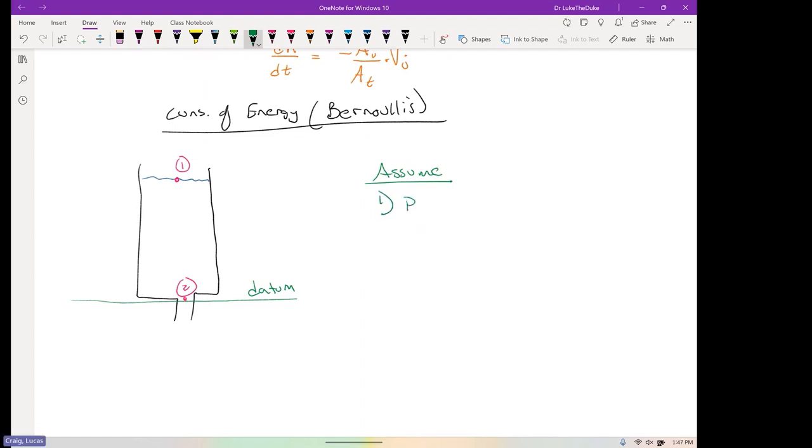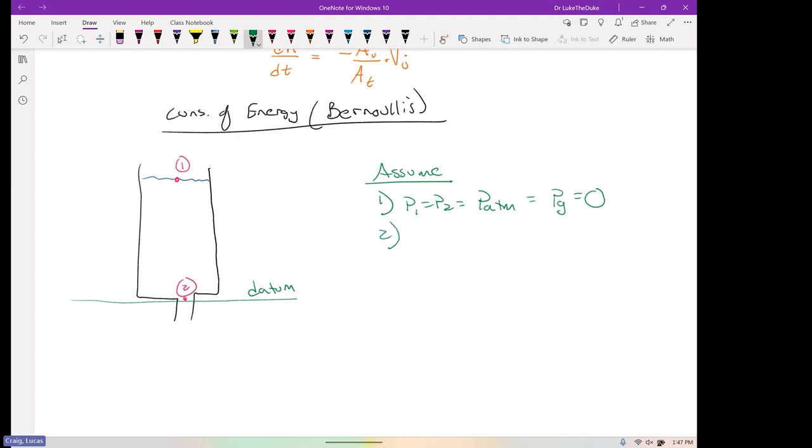P1 equals P2, and that's atmospheric, right? The point 2 shoots out at atmospheric pressure too. What does that mean in terms of gauge pressure? Zero. Because it's your pressure minus atmospheric. So if it's atmospheric pressure, the gauge pressure is 0. That makes it easy too, right?